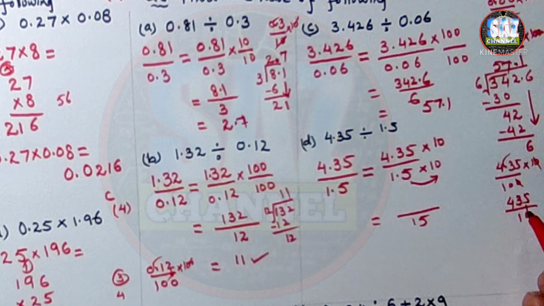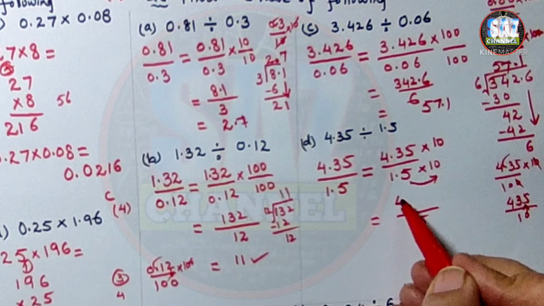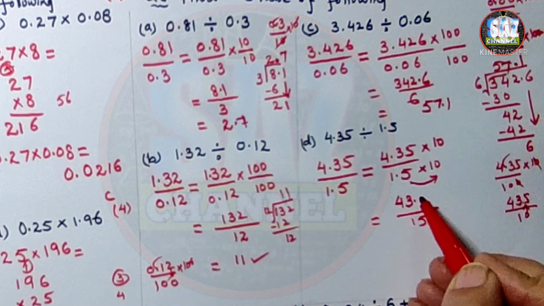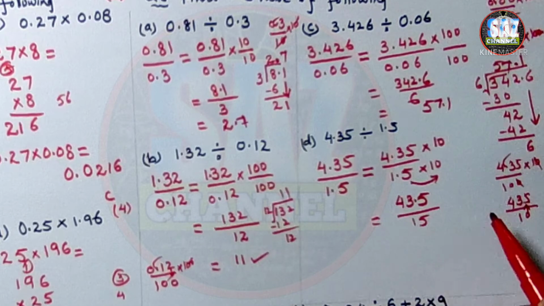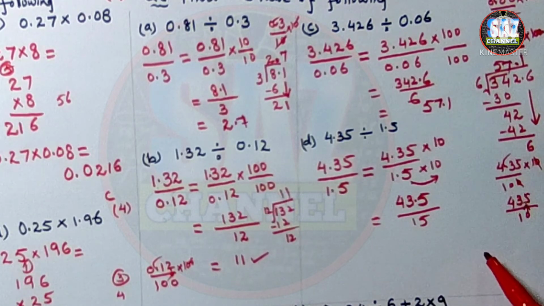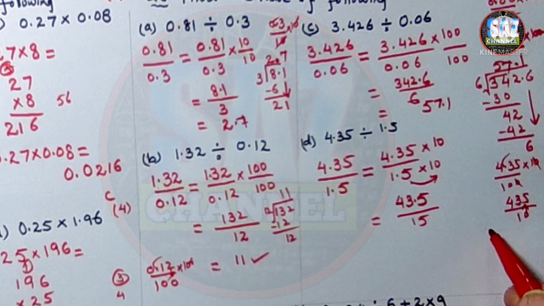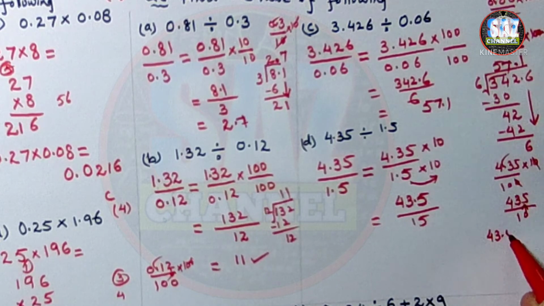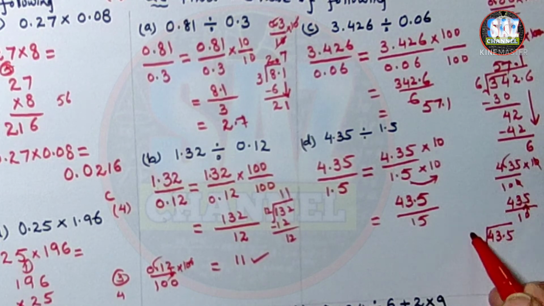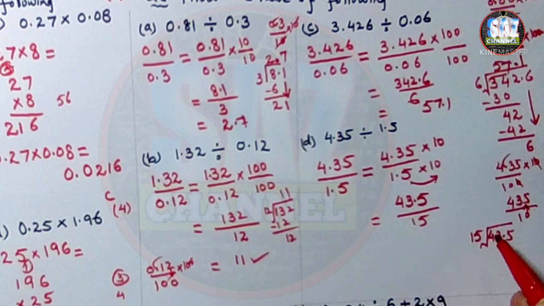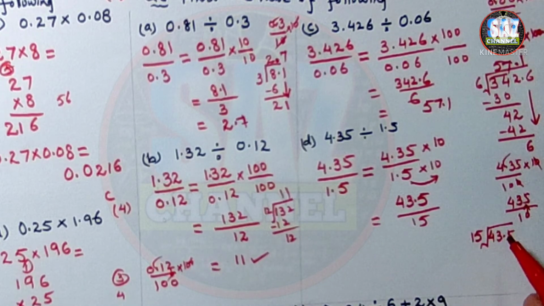And now as we have 1 zero in the denominator, the decimal will come after one digit, 43.5. And now what we have to do is divide 43.5 by 15. Again, tables have to be really strong and mental calculations have to be really strong to get good marks in this concept.